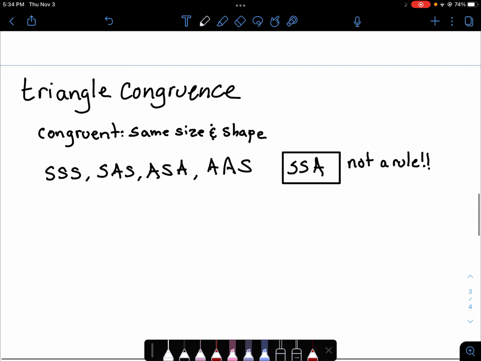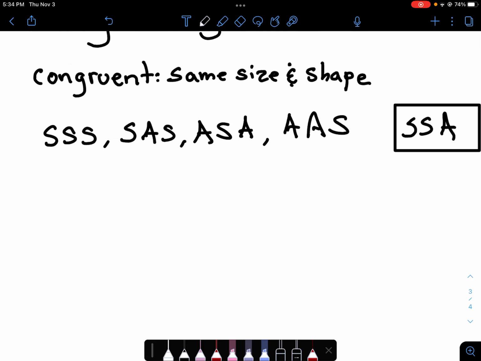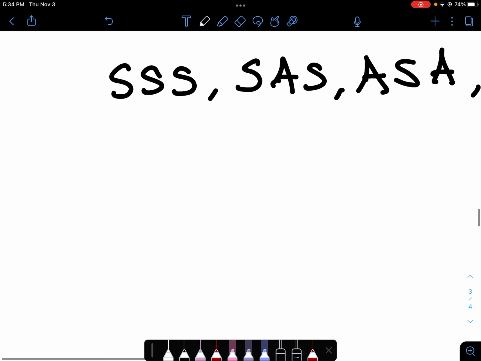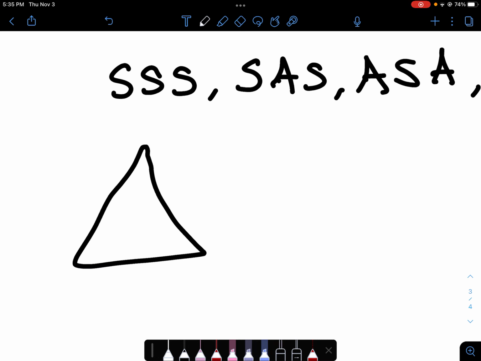Now let's talk about what these things mean. It's just a long string of different letters. What do these things actually mean? So let's delve into it. You have two triangles.